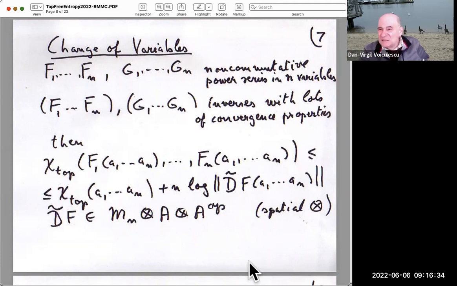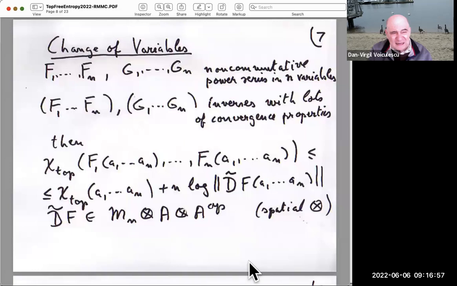If you apply the G's, you get back to A1, ..., An, and they all have sufficient convergence that all these operations make sense. So it's for good changes of variables from a convergence point of view.